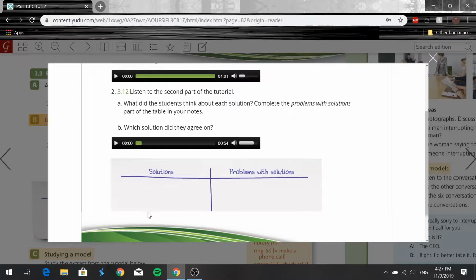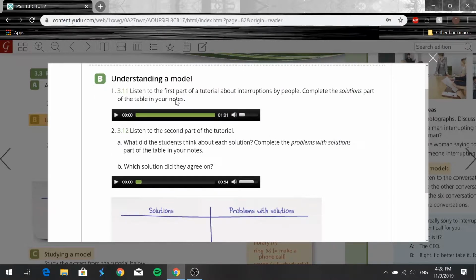So don't try to study at home. So the 3 solutions again are 1, tell them to go away. 2, stop for a few minutes and talk. And 3, don't try to study in your house. For example, go to your local library. Okay? So that was the first part of the tutorial.